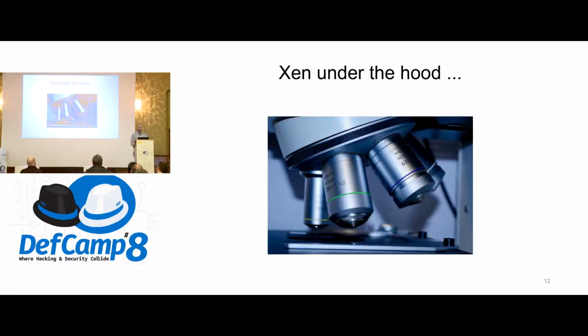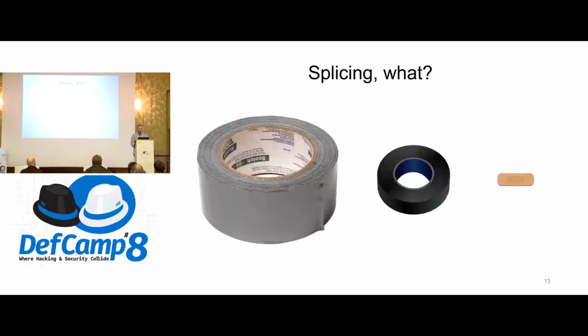So let's focus on the hypervisor itself first. What exactly is needed in the hypervisor? The injection and the activation or splicing. So I mentioned splicing a couple of times. What is that? It's the act of embedding code into the control flow of the active system. So let's have a look at the unit of splicing that we use first.